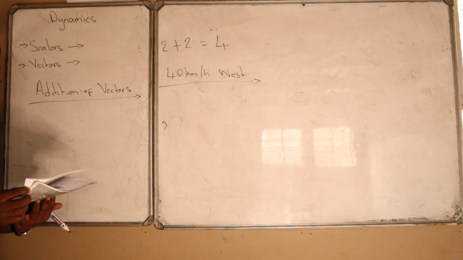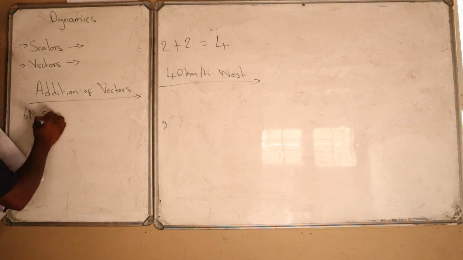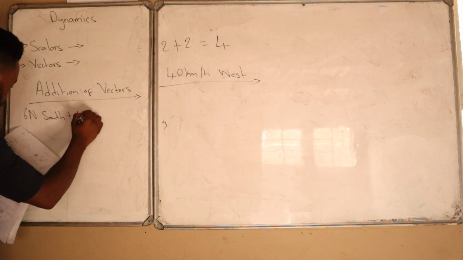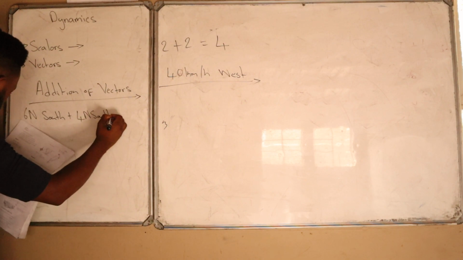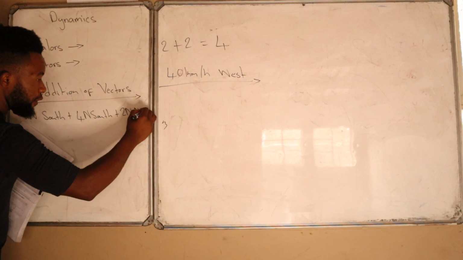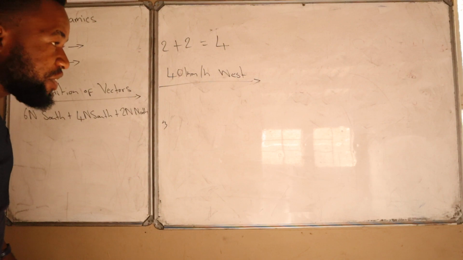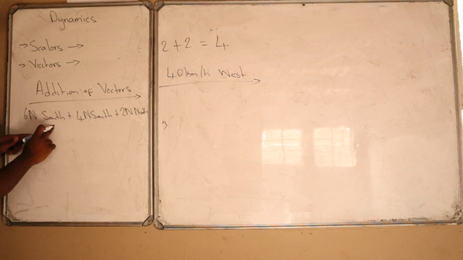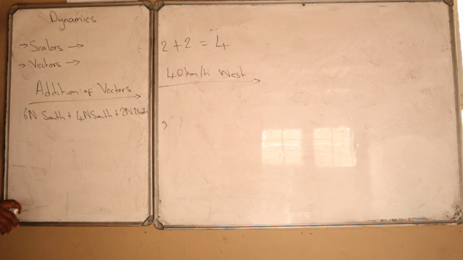They said add the following: you are given 6 newtons south, plus 4 newtons south, plus 2 newtons going to the north direction. So you are given 3 vectors which need to be added. The first one is going to the south, the other one to the south, and the other one to the north.